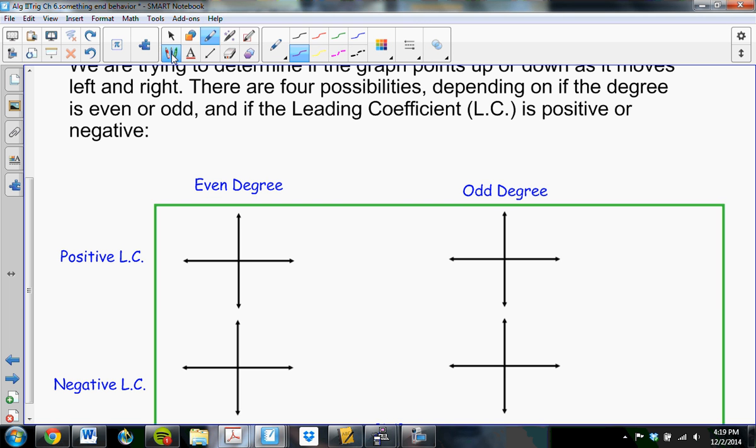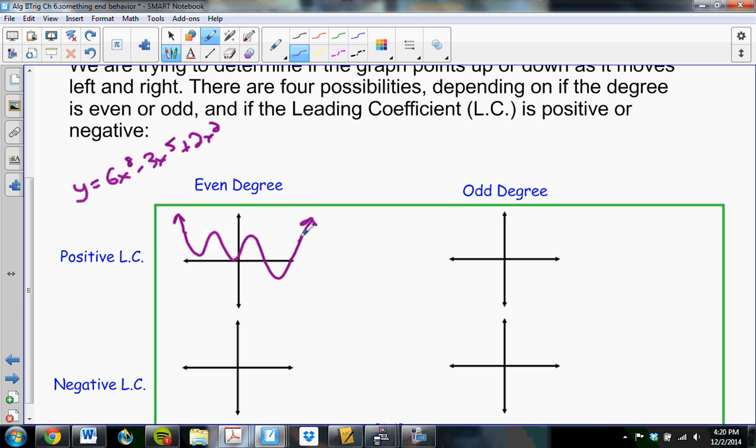So I'm going to do the positive leading coefficient first. Suppose it was like y equals 6x to the 8th minus 3x to the 5th plus 2x squared. Well, since the leading coefficient is positive and this has an even degree, I know that both arrows end up pointing up. In between, I don't really know or care what's going to happen right now.